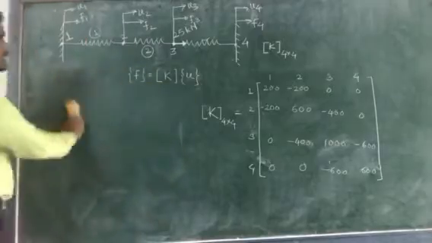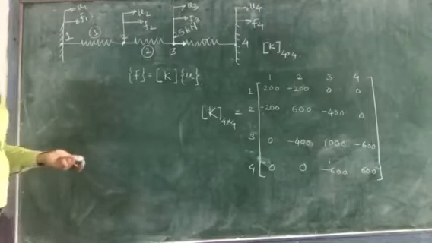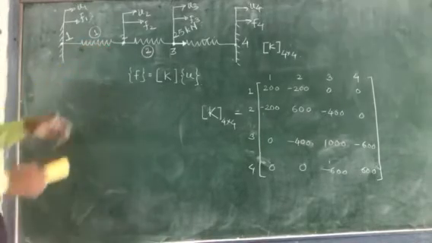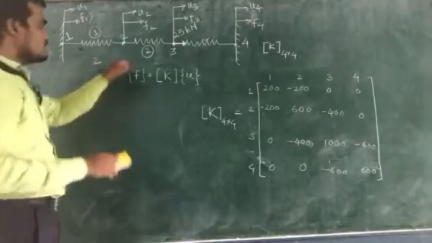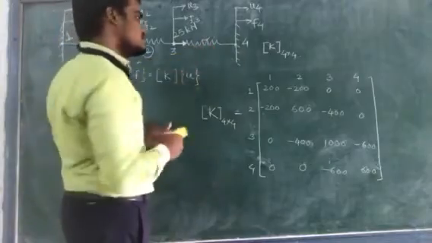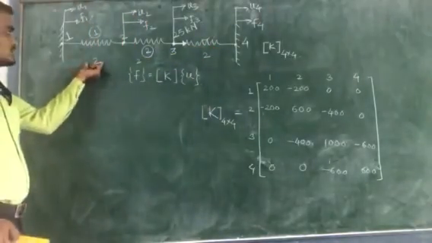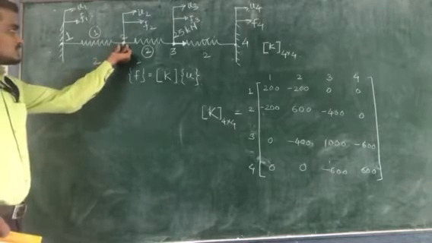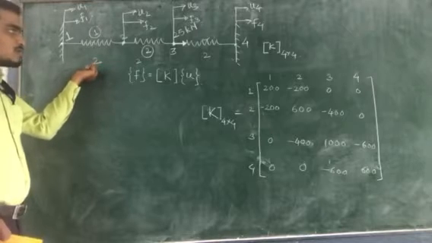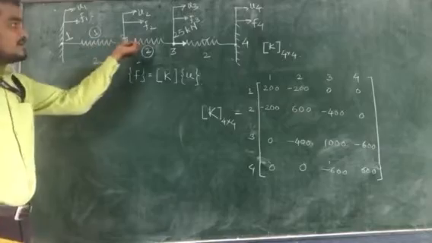So similarly here also, how many equations should be there for this spring system shown in the figure? For the first element there are two equations. For the second element also there must be two equations. For the third element also there must be two equations. But the second equation for this node will be common between element 1 and element 2.